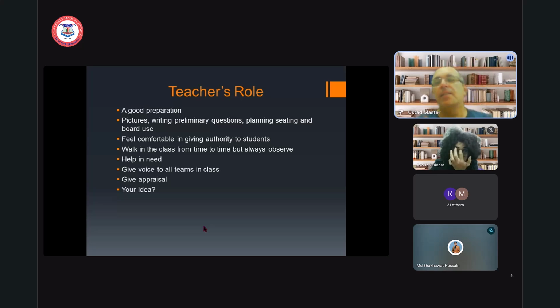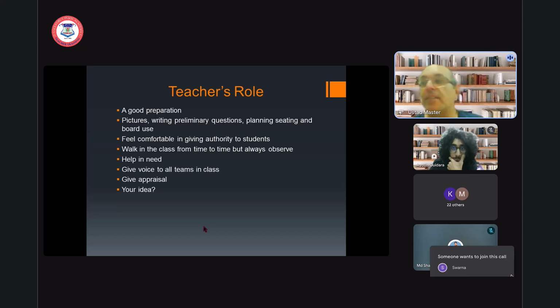That's why you should feel comfortable about sharing your class authority with the students. Then you can walk around the class from time to time to check whether they are working or not. But please always observe: are they really on the task?